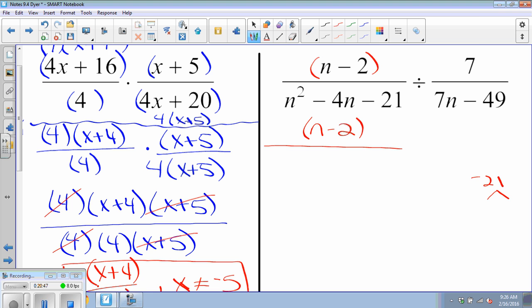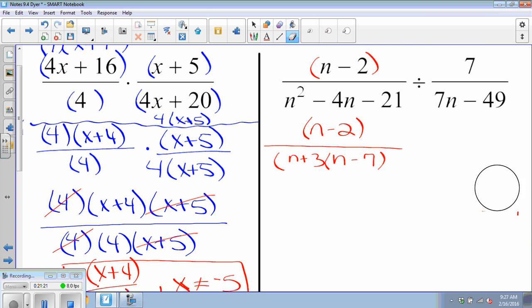My factors multiply to equal negative 21, but combine to equal negative 4. Positive 3 and negative 7. They can't both be negative, because then this would be positive 21. So positive 3 and negative 7. So this equals n plus 3 times n minus 7. Does everybody see that? Okay.